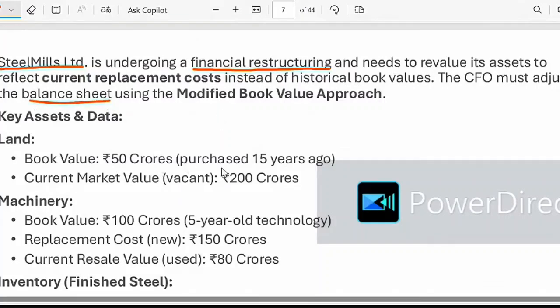You can see some assets were bought 10 years, 15 years, 20 years ago. But times have changed, prices have changed, so the company wants to show true updated value, not outdated book value, right? So they are using something called the modified book value approach.